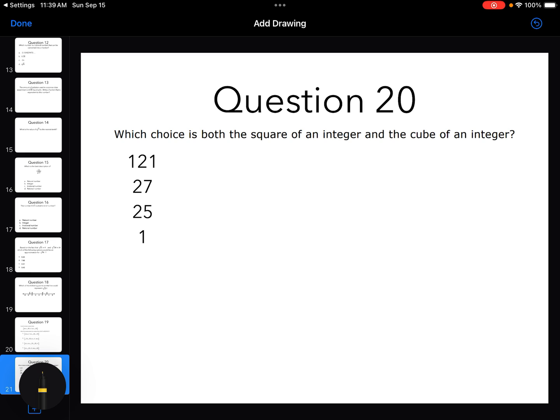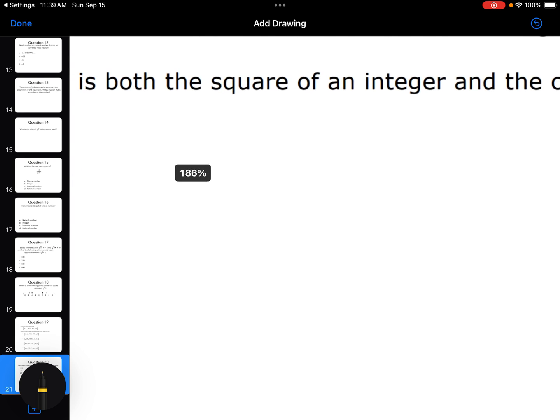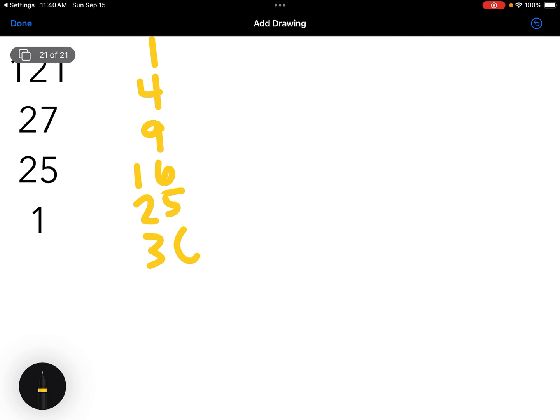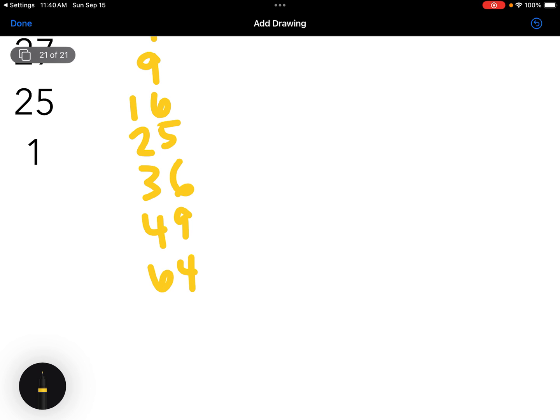And then the last one, which choice is both the square of an integer and the cube of an integer? So you're going to have your multiplication chart available to you. So you'll be able to look. But your perfect squares are 1, 4, 9, 16, 25, 36, 49, 64, 81, 100.